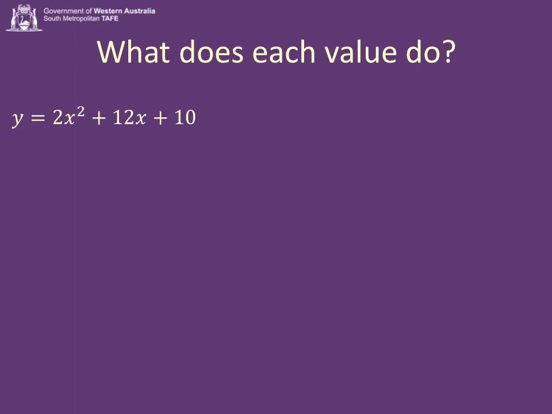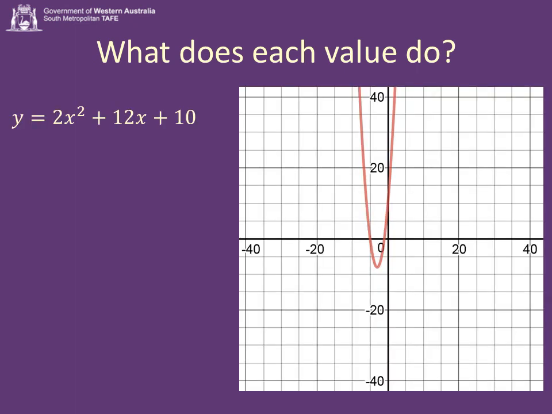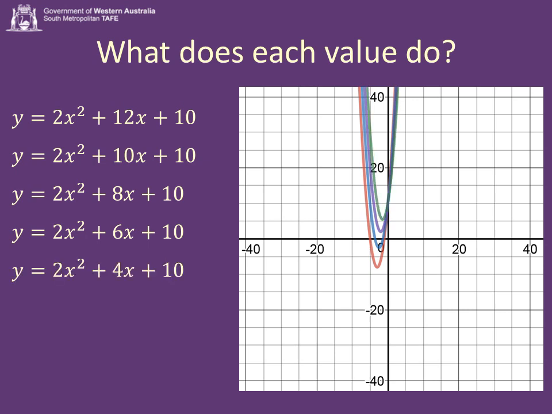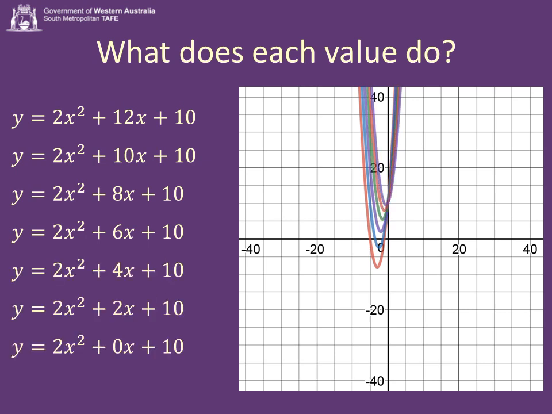So let's have a look, see what the next value does. Here's my equation. Looks like that. When I change the b, it moves up and kind of to the right. Change it again. Oh, up and kind of to the right. Up and kind of to the right. Oh, hang on. It's coming back.